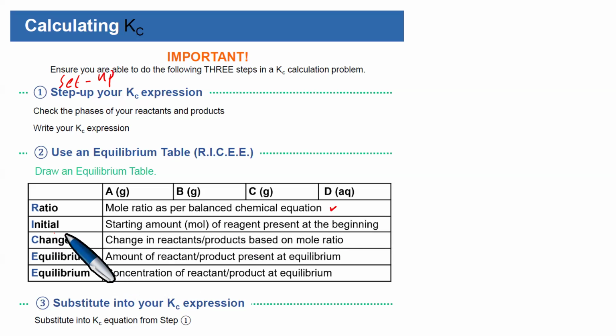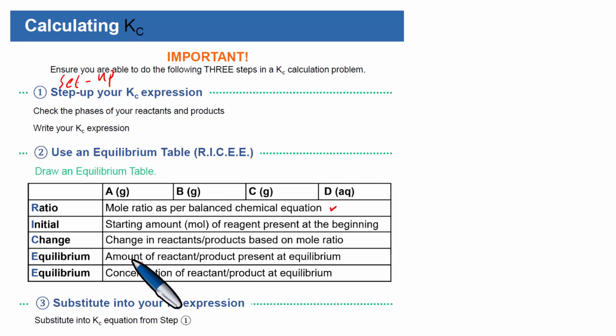Initial: the I in ICE represents the starting amount in moles of a reagent present at the beginning. Change, C. This is not for solids and liquids, it is for the gases and aqueous substances. Good point there, Noah. So there is a change in reactants or products based on the mole ratio.